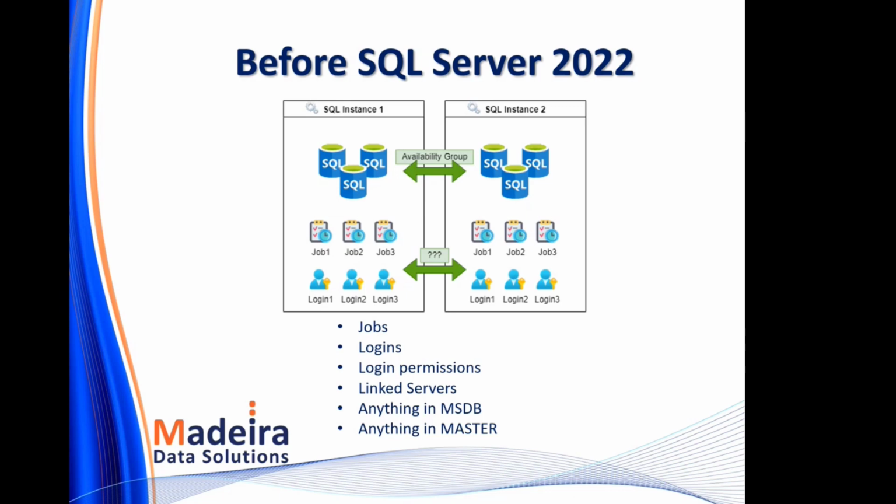But if there is a failover and suddenly the database becomes, let's say, read-only in the best case scenario, or maybe not even accessible at all if you don't have readable secondary replicas, then the job stops working. It starts failing.